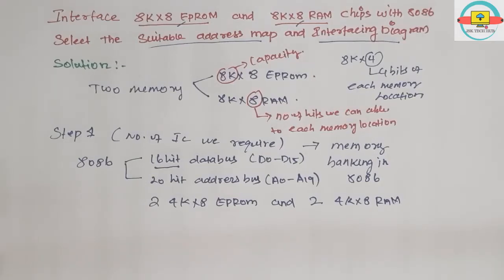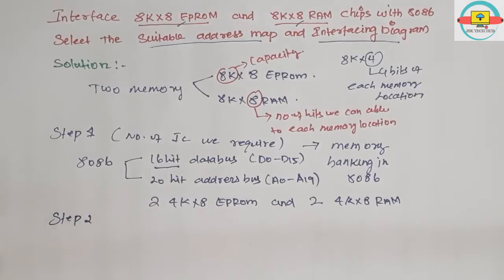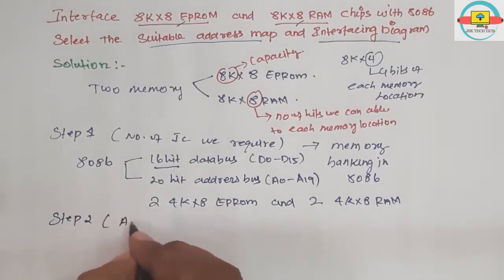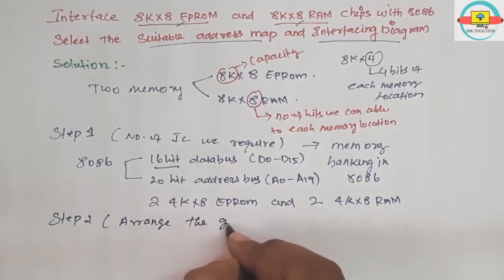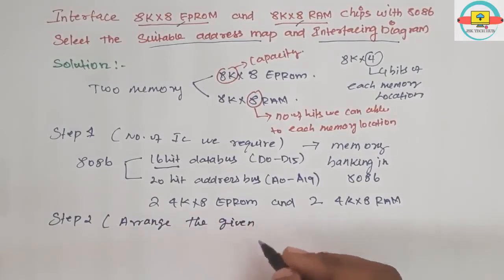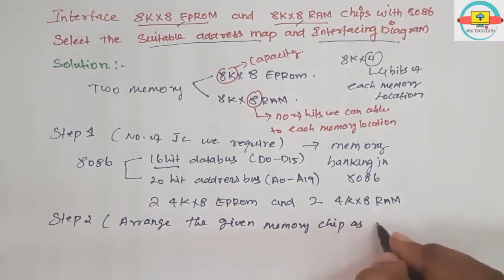Next, step 2. In this step, arrange the given memory chips as odd and even banks.